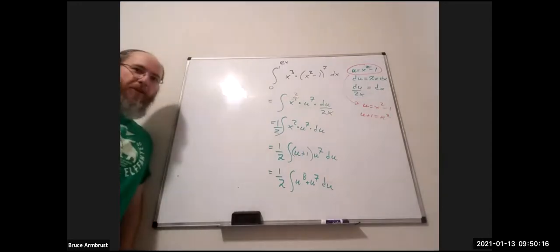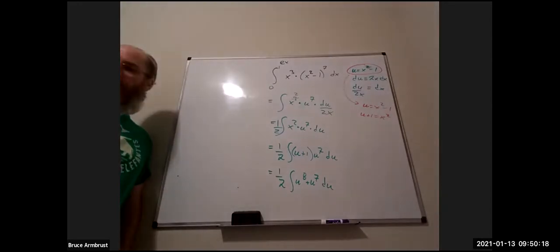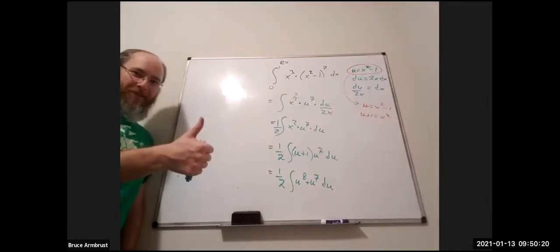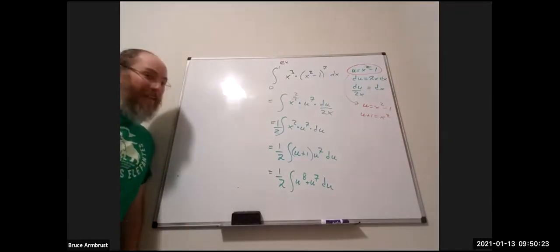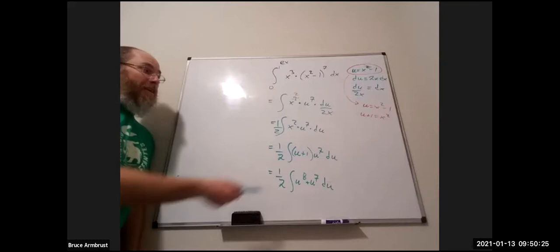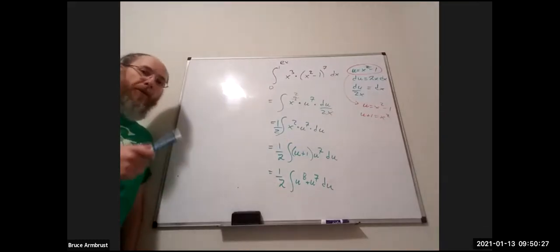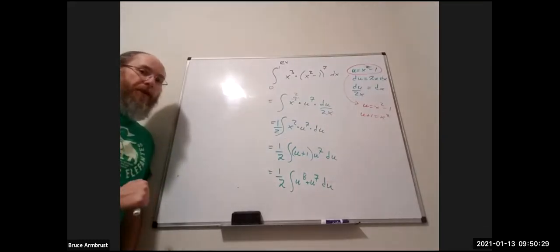Both are really easy to integrate. So, Stephanie, good choice. Good choice for the u. It didn't seem like it, right? It looked like we ran into a problem. But this is a little trick that sometimes you need to play when you do substitution.